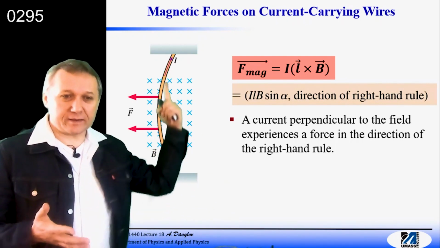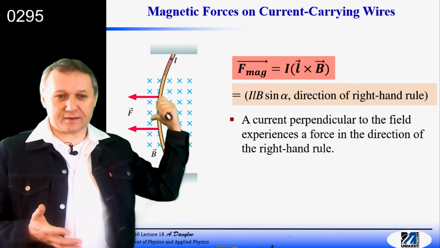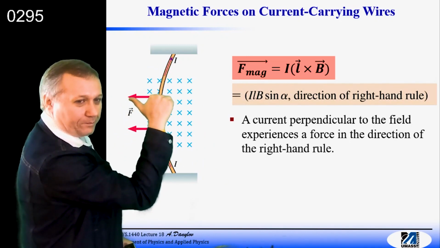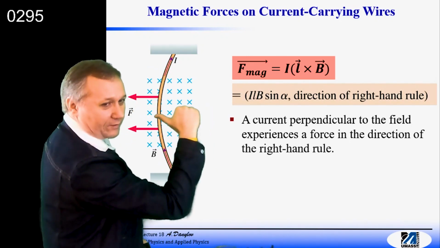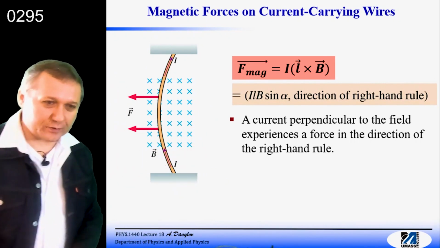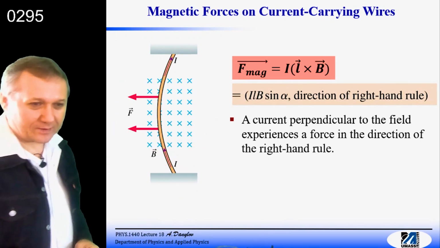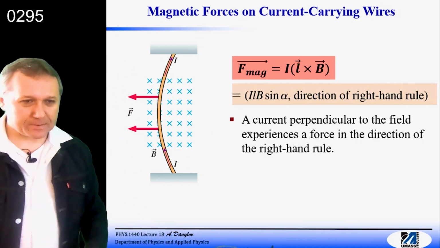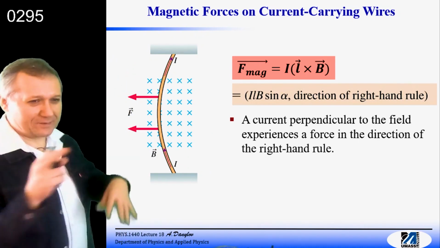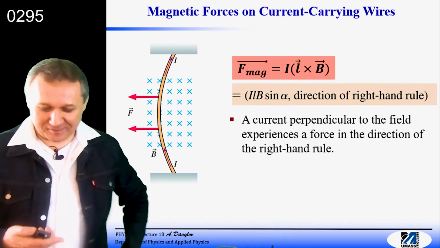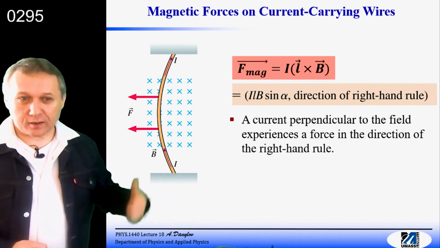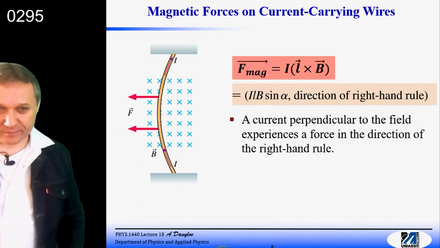Again, L is up, B is into the board, so up cross B. As a result, my thumb gives me the direction of the magnetic force that way, to your left. Left. So the wire will be slightly bent.